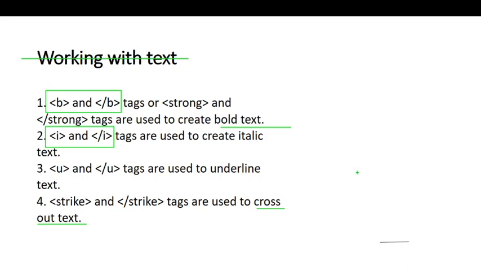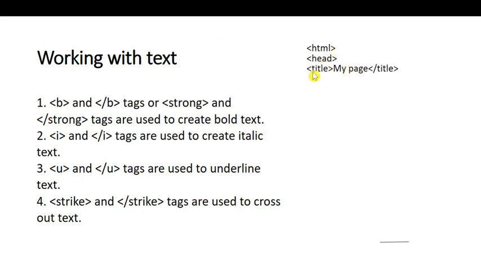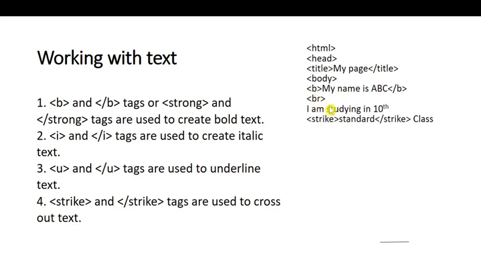So how do we write the source code for this? We write it in a similar fashion: HTML, head, then title, then body, then comes B. Now we check here: B, my name is ABC, closing tag B. It means we are telling the browser to display the text "My name is ABC" in bold face. Then comes BR.